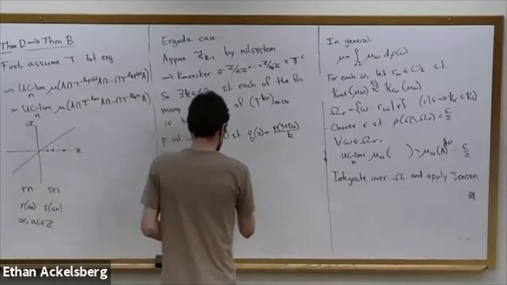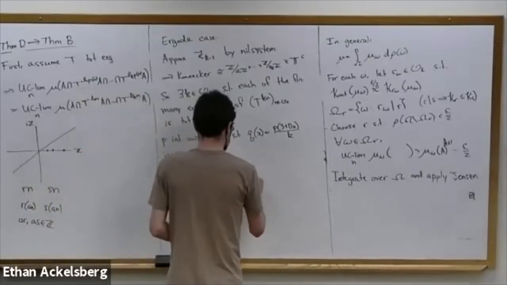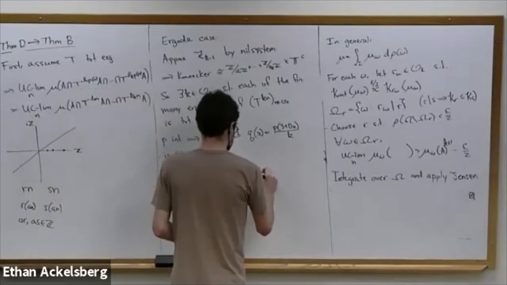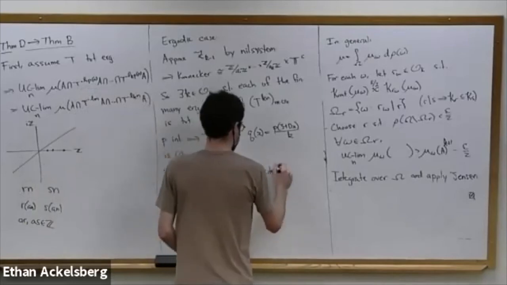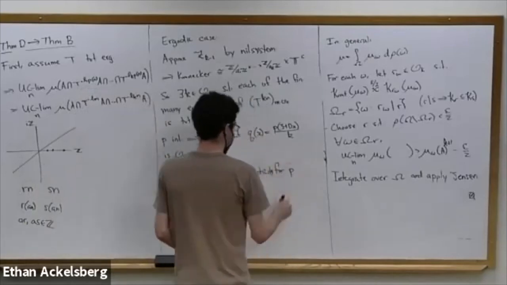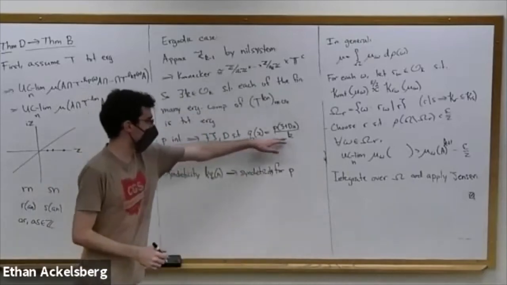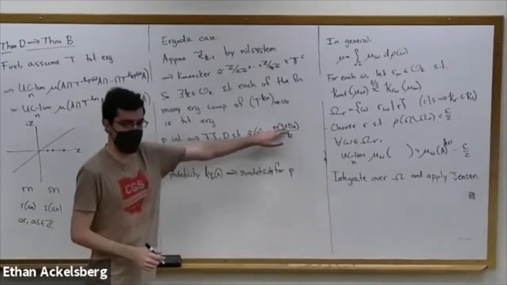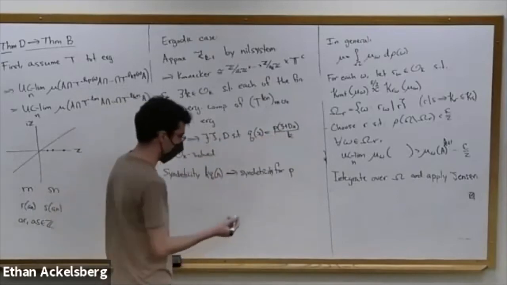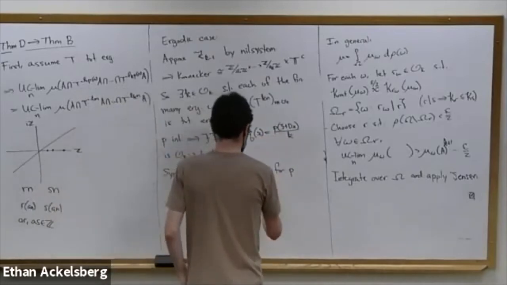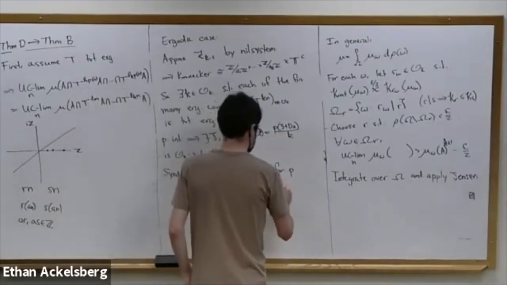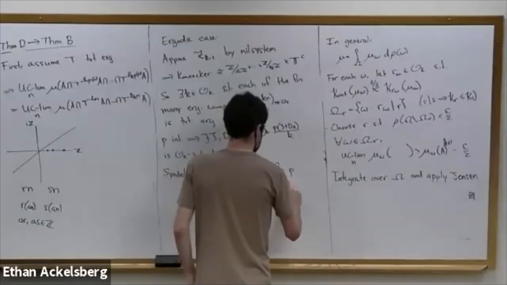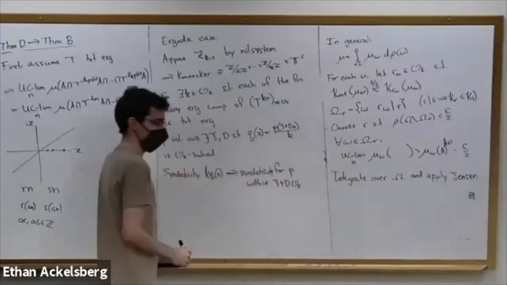Okay, what does this mean? This means that we have syntacticity for p, because k times q is just p evaluated on some specific place. This is syntacticity for p within this set.